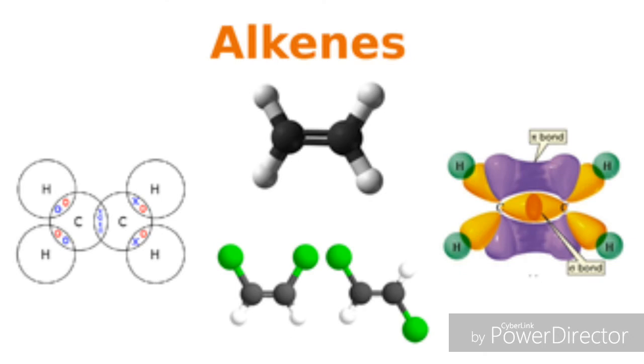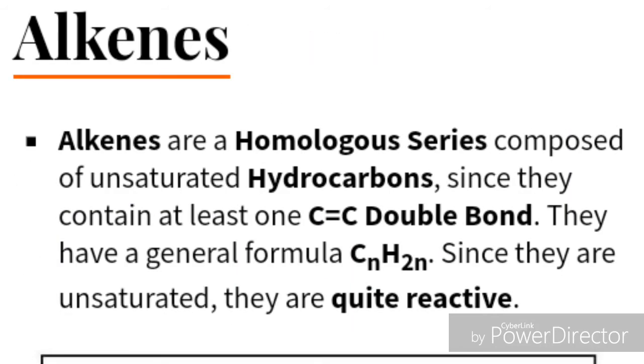Now let us learn about the first type of unsaturated hydrocarbons called alkenes. Alkenes are a homologous series composed of unsaturated hydrocarbons since they contain at least one carbon-carbon double bond. They have a general formula CnH2n. Since they are unsaturated, they are quite reactive.